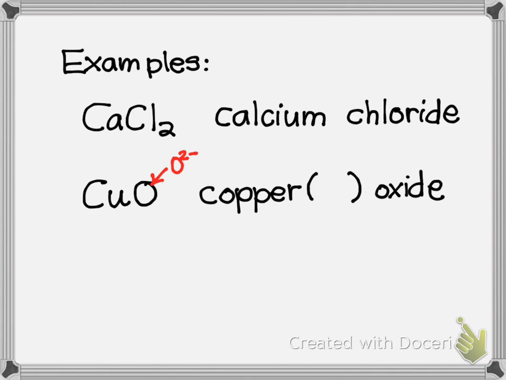Now since it's a 1-to-1 relationship, then the copper has to be a 2+ because the charges have to cancel. So copper can have a +1 and a +2, but in this example, when copper's with oxygen in this relationship, copper is a 2+ right there. Now notice it's not because I have 2 coppers, it's because copper has a charge of 2.